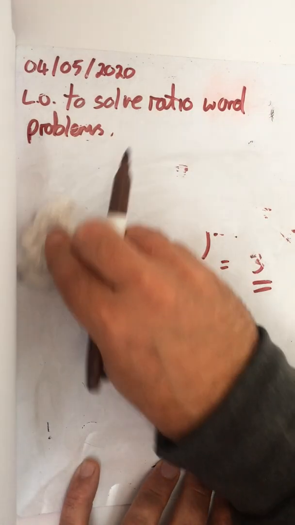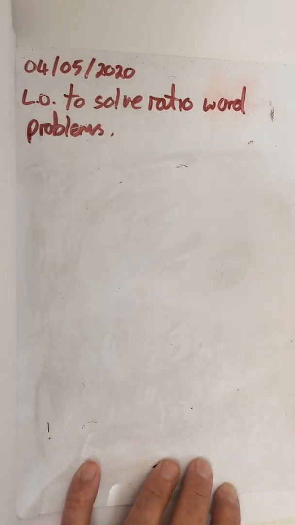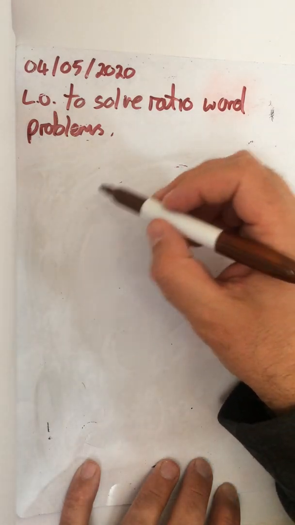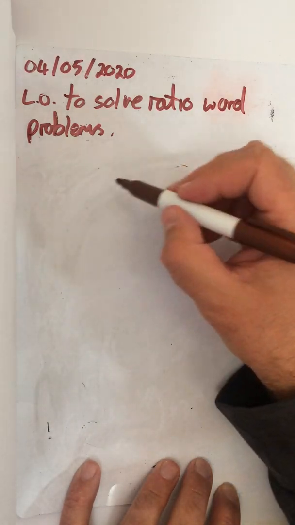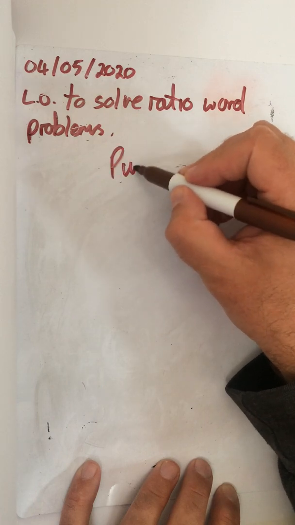Okay, let's quickly do one more like that before we go into a more written, more word-based question. So to make paint, I want to make purple paint.